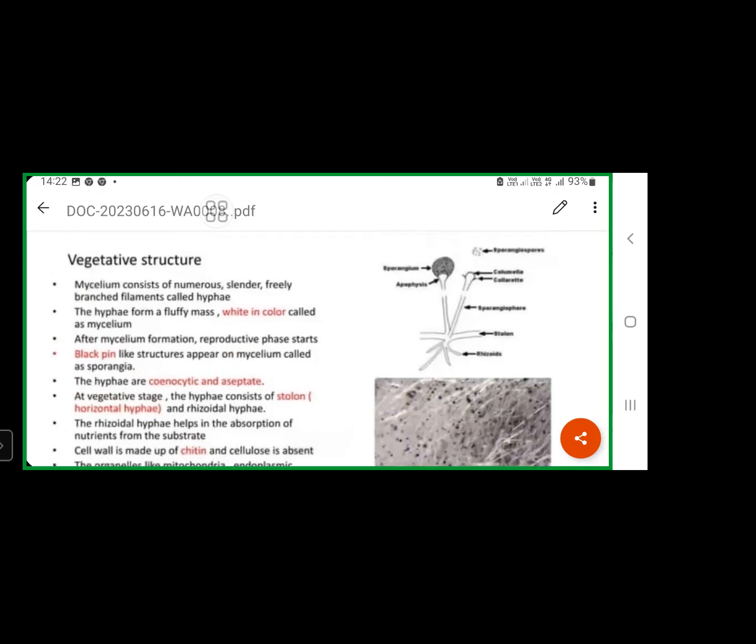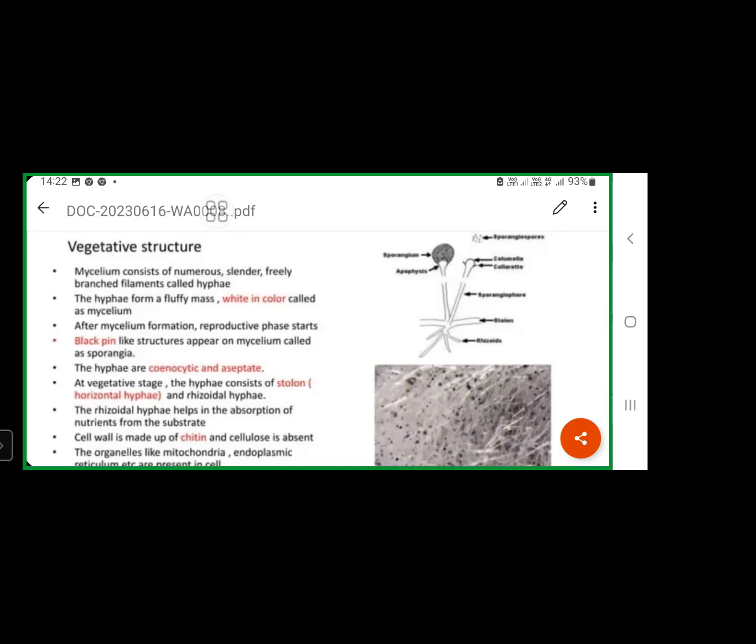How is this mycelium present? Actually, mycelium is made up of several filaments. This mycelium is white in color and it forms a cottony substrate. On the surface of the substratum, this Mucor is growing as a white cottony surface.